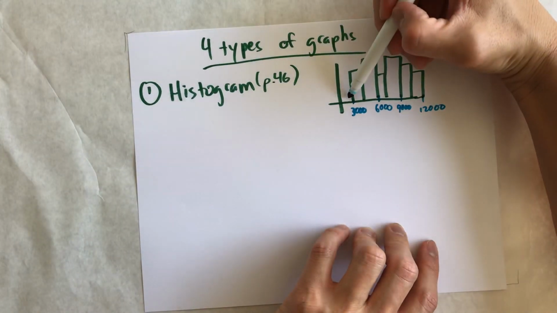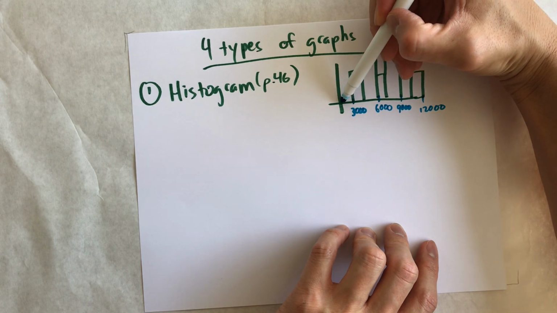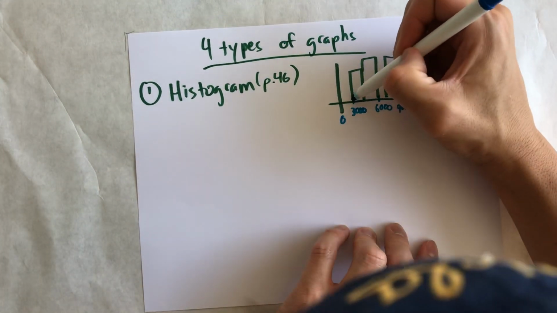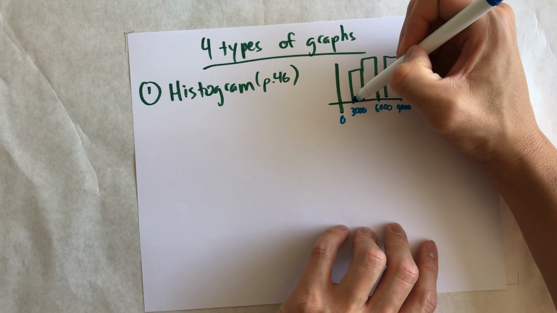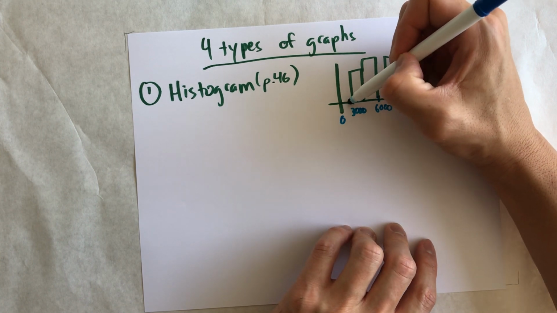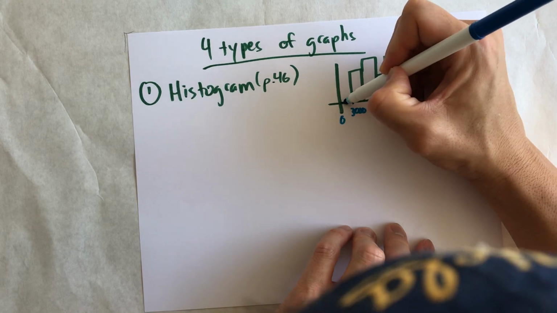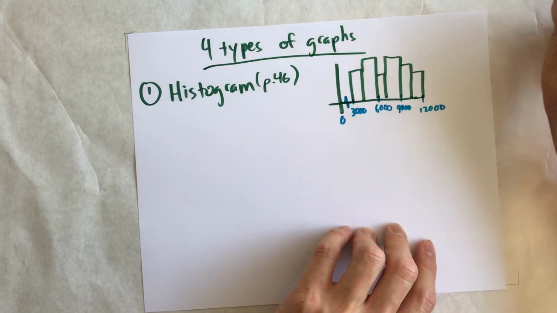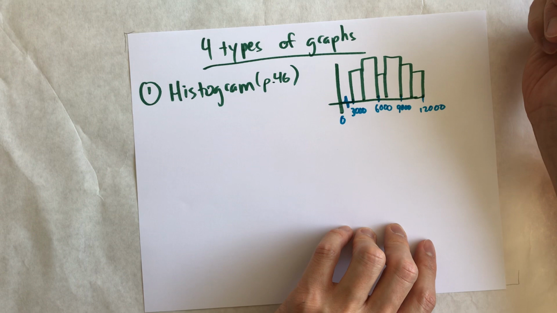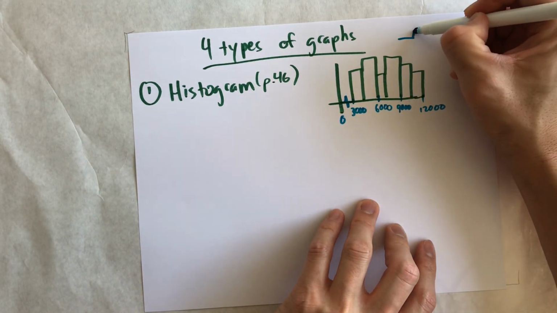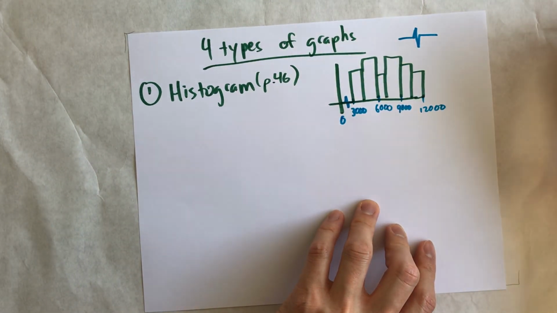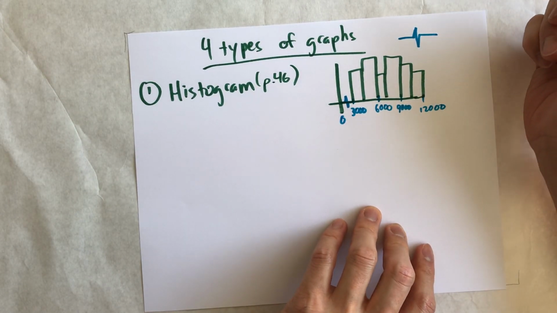Now, if you look at this gap right here, you would think that this is 0, and this is 3,000. But we can make a little symbol to show that we've actually jumped some numbers right here. And I think some of you have seen this. It's going to be kind of like a break like that. Okay? Like that little symbol that kind of goes like that. All right, so that just shows that you skipped. Okay, so make sure you do that.